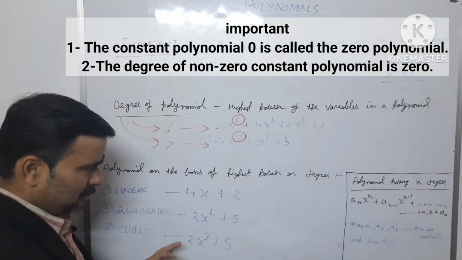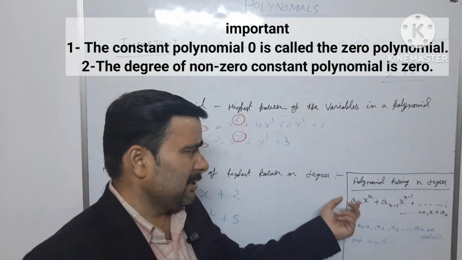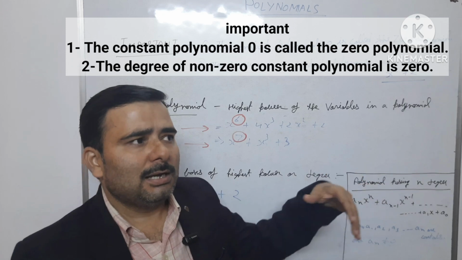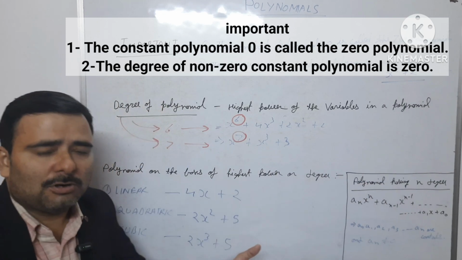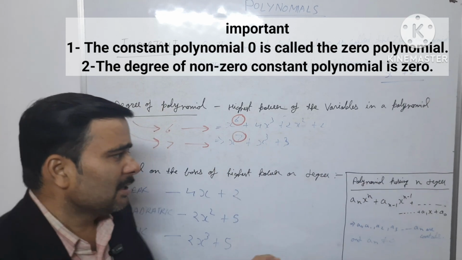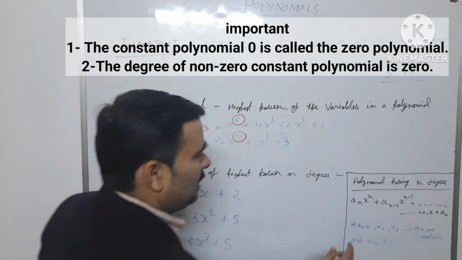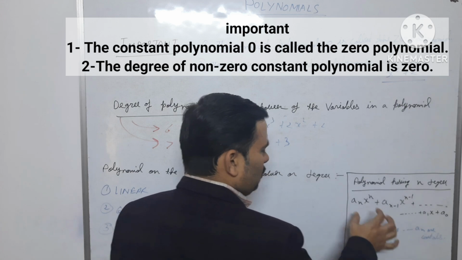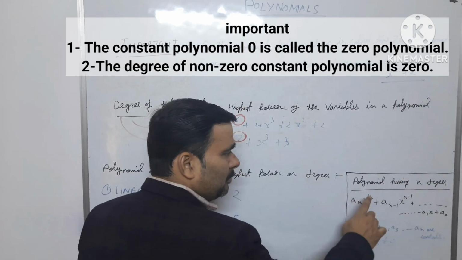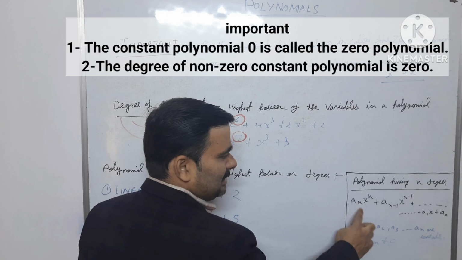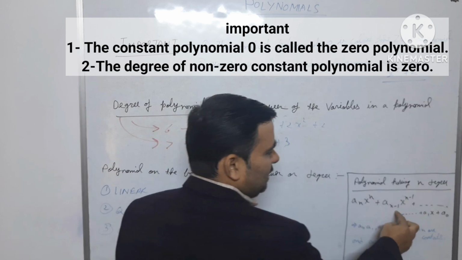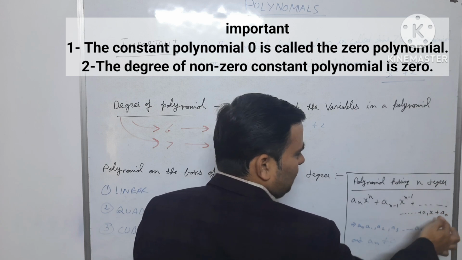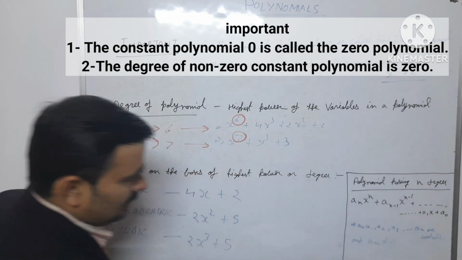Now here we have to understand what the polynomial is if it has degree n, meaning it will have n terms, or it goes up to infinity, or before infinity we have n terms. Then what will be the degree of that polynomial? The polynomial having degree n can be represented as a_n x^n plus a_(n-1) x^(n-1) plus and so on, plus a_1 x plus a_0.